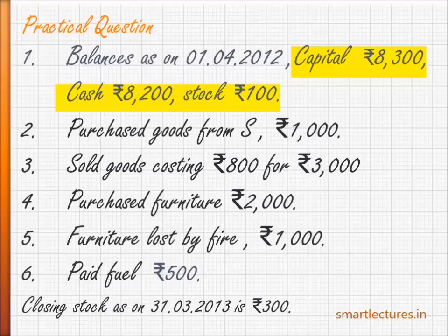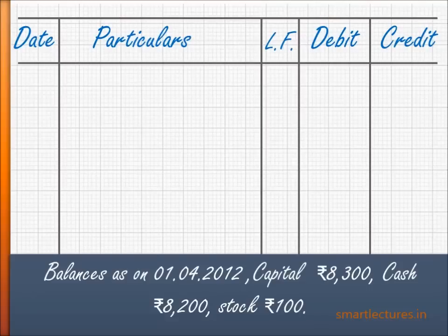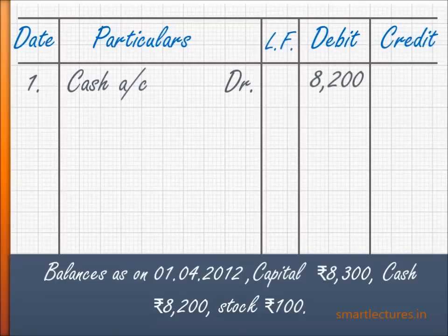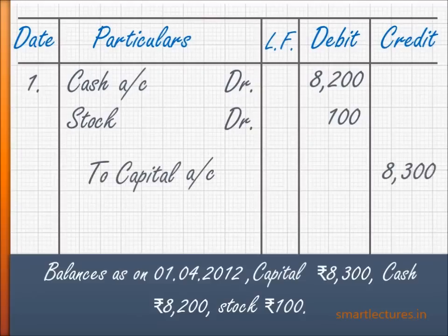So when we make journal entries, I mean to say when we find out the debit and credit aspects, we have to pass an opening journal entry on the opening date. The journal entry will be cash account debit 8,200, opening stock debit 100 to capital 8,300.